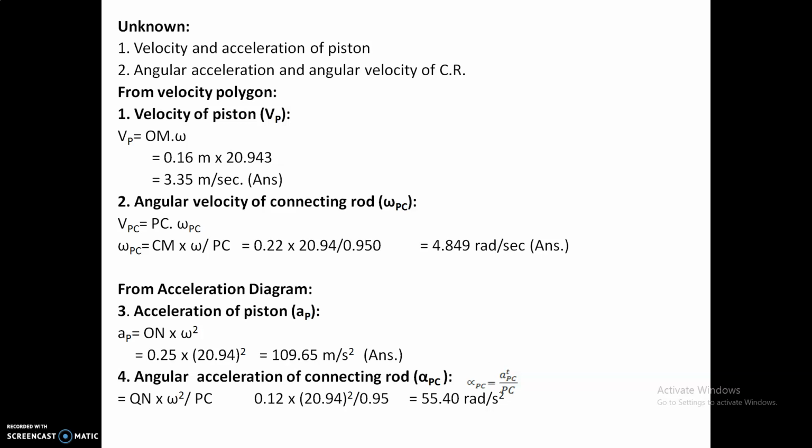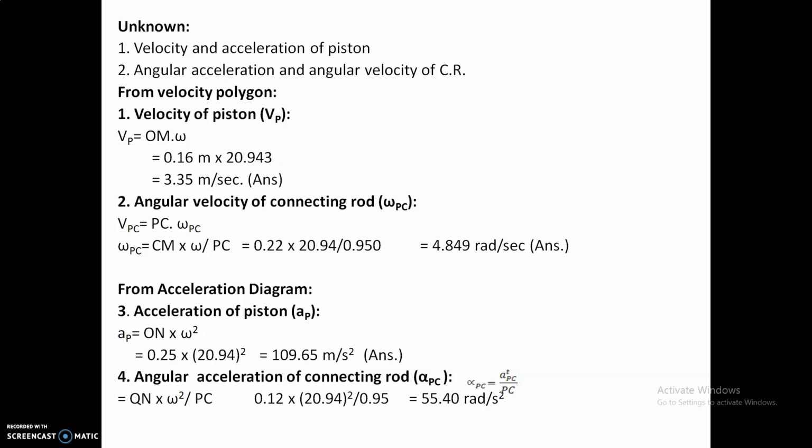The second unknown is the angular velocity of the connecting rod. We have the formula: velocity of connecting rod PC, Vpc, is equal to r into omega, where r is the length of PC into omega of PC. So what is unknown here? Omega of PC.